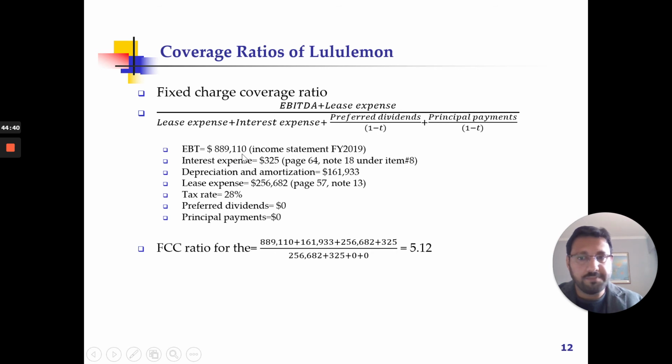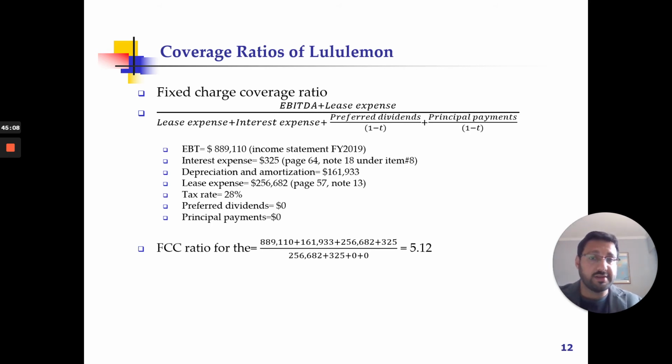I added back the interest expense, which is actually $325,000. It's not million. So this shows that for the revolving credit which they have used throughout the year, they just incurred 325,000 in interest. And once I added back these two, I can get EBIT, earnings before interest and tax.